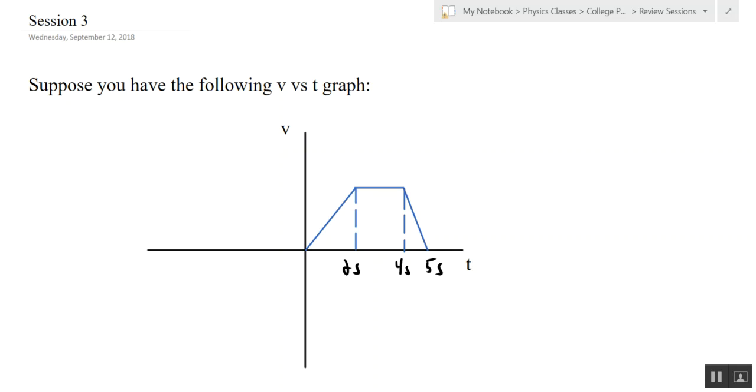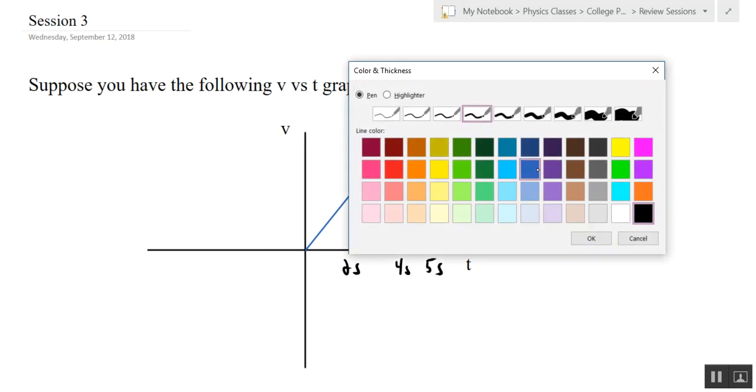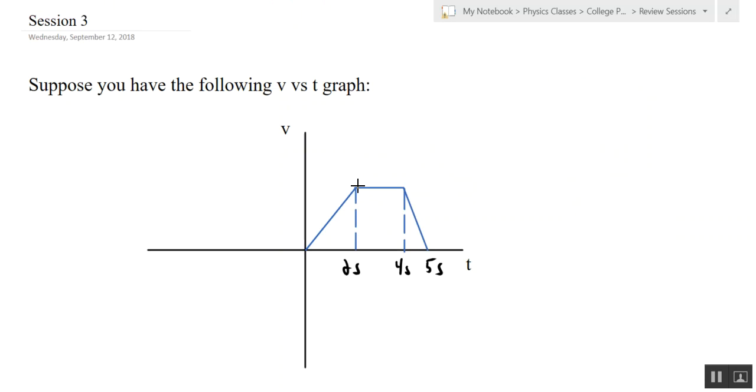And then suppose that this velocity, sorry, I'm trying to just line it up. Okay, so that velocity is, say, 10 meters per second. Obviously, it's in the positive x direction because it's above the axis. Okay, so it took me a little while to draw that.